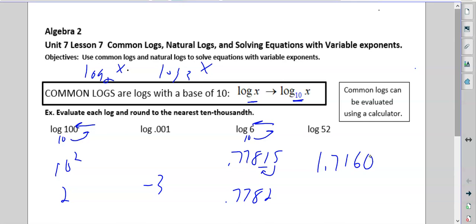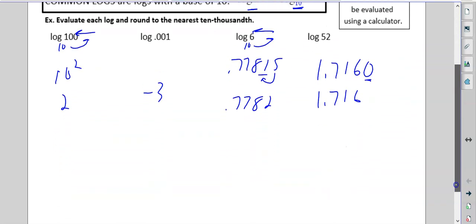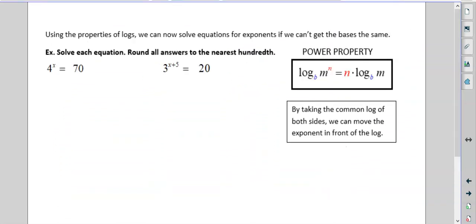Even though it's not consequential, it shows that we went to 4 spaces. All right. That, yes, that is the same as this, but this is telling the person looking at it that we know that you rounded to 4 spaces. That's all.